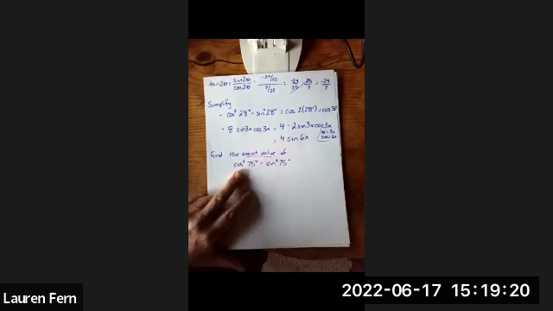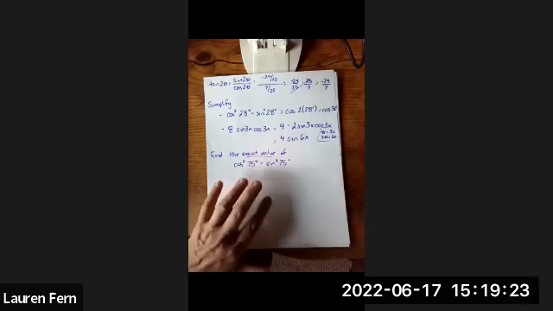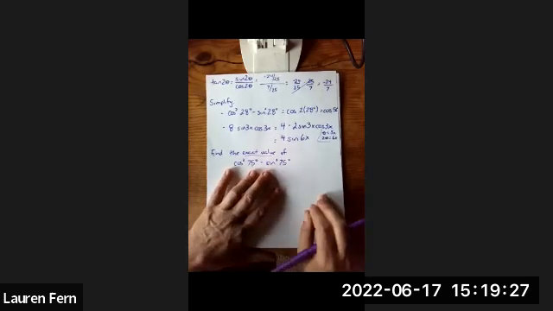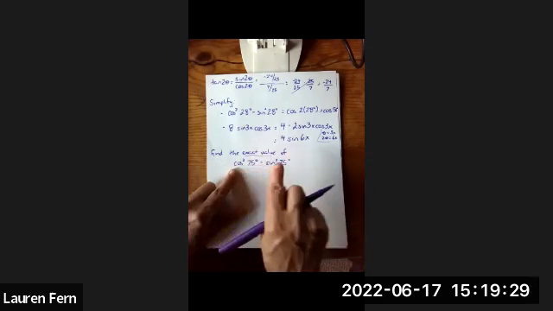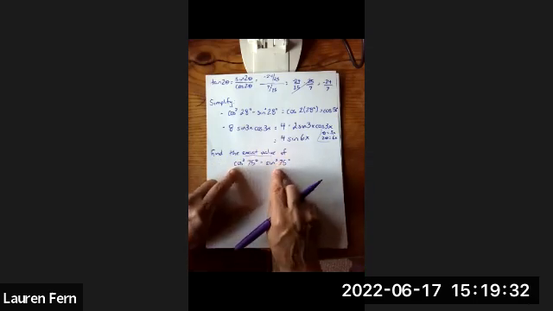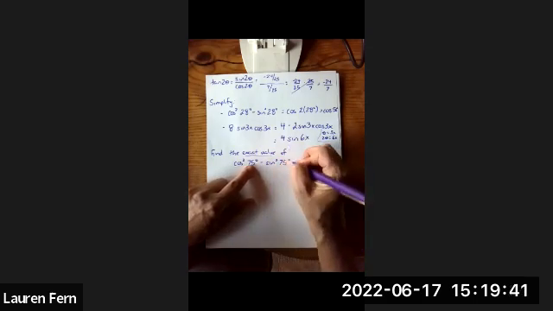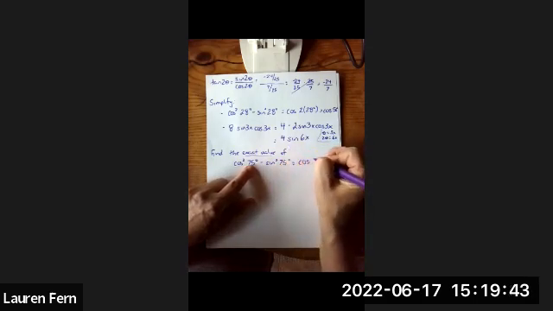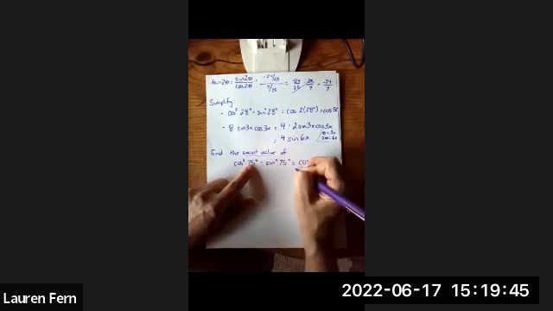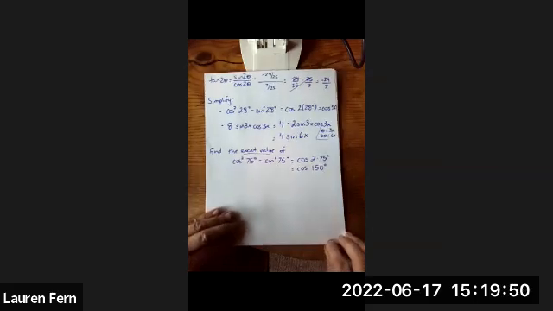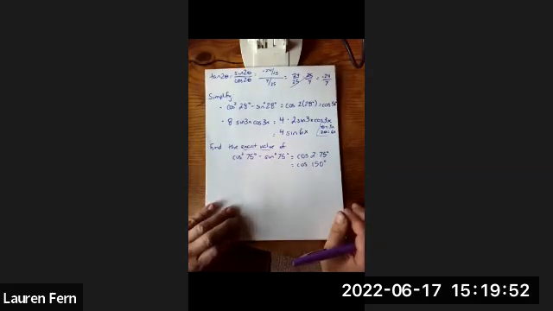So this should somehow signal to you that this is going to end up being one of our common angles. Okay, so you see cosine squared minus sine squared of theta. Our theta is 75 degrees. Using our cosine double angle formula, this is equal to the cosine of 2 times that. In other words, we're wanting to find the cosine of 150 degrees.